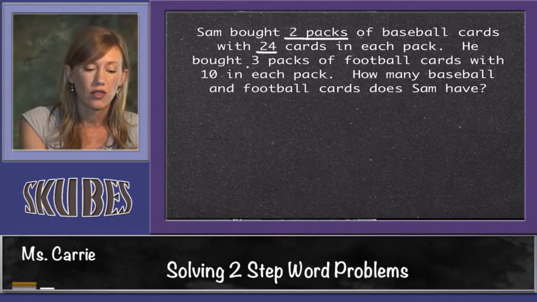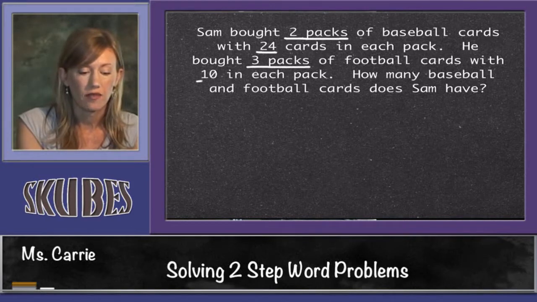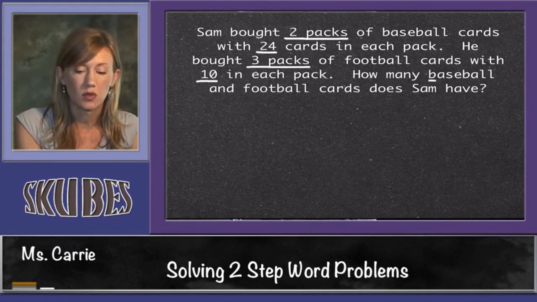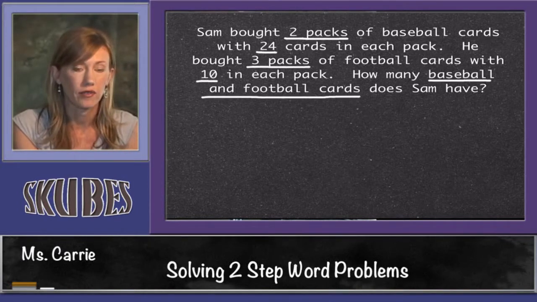He also has 3 packs of football cards that have 10 in each of those packs. And then we want to find out in the end how many baseball and football cards. So that indicates we're going to be adding.